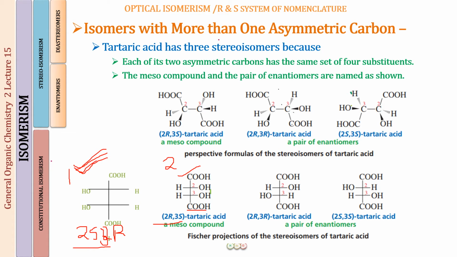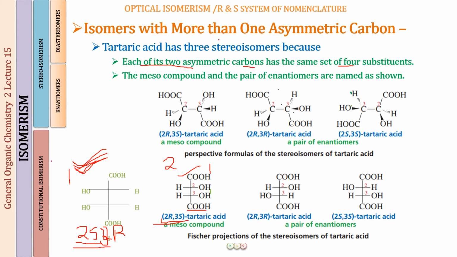Now how do we ascertain this from the RS system of nomenclature? Both of them, they are having different names. Well, for this, what you have to understand again is that this tartaric acid, it had two of the asymmetric carbons having the same set of four substituents. So if you are numbering this compound from this side, this is carbon number 1, the configuration you get is a 2R and a 3S.